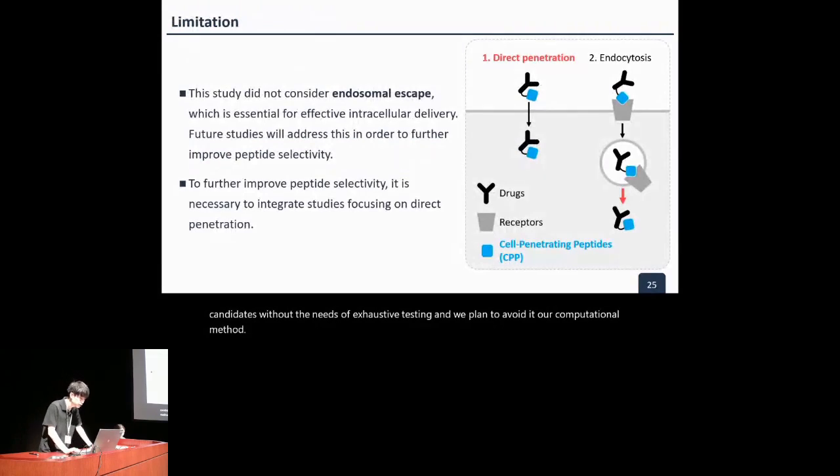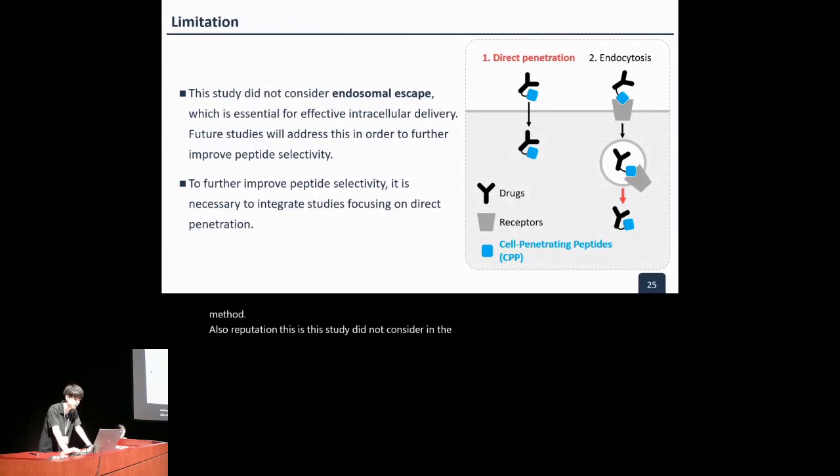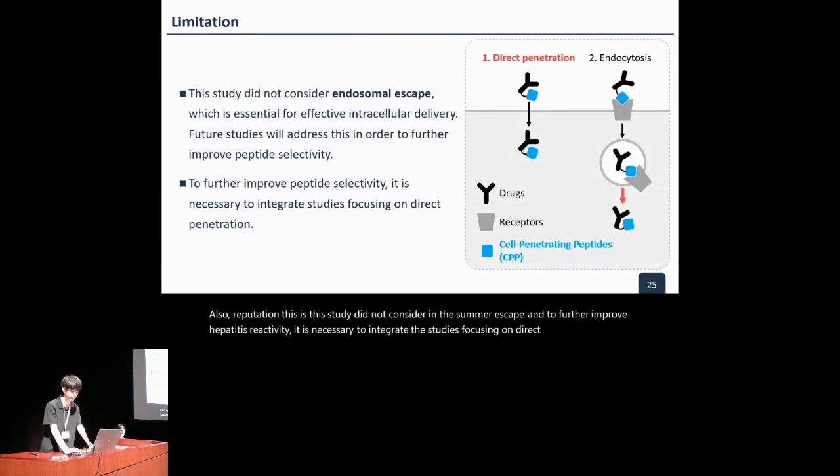Also, limitations. This study did not consider endosomal escape. To further improve peptide selectivity, it is necessary to integrate studies focusing on direct penetration. Although challenges remain, we believe that this research can contribute to the development of next generation peptides.